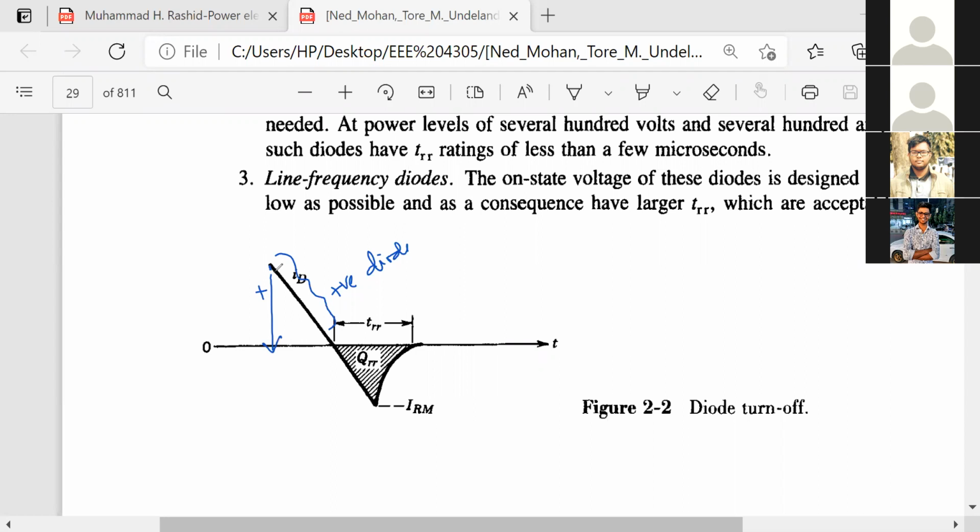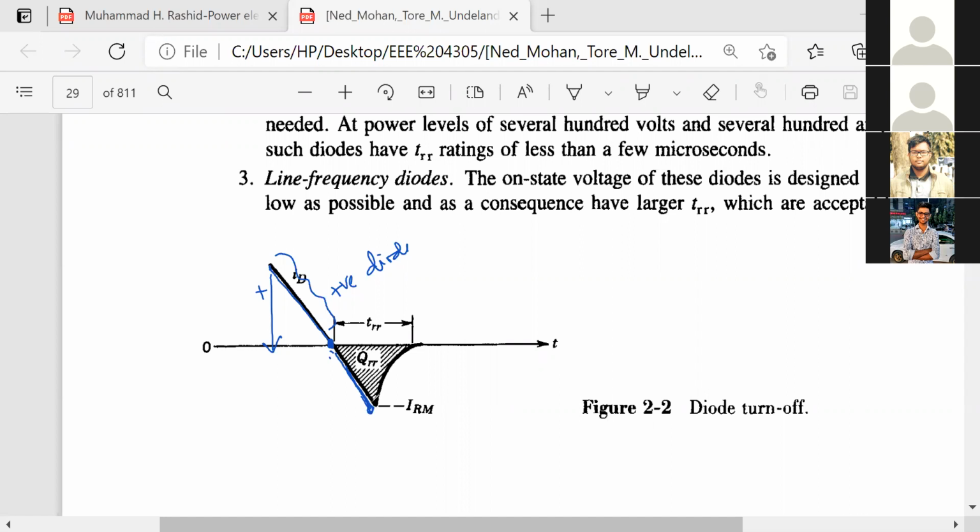The current through the PN junction is contributed by the flow of holes and electrons. So when you switch off, it takes some time to recombine these free electrons, so it takes some time to reach 0. If it were 0, we would be happy: our switch is off, diode is off. No, actually that never happens. What happens is this current goes negative, practically. It goes to some negative value. We will look at these problems in detail later, inshallah.